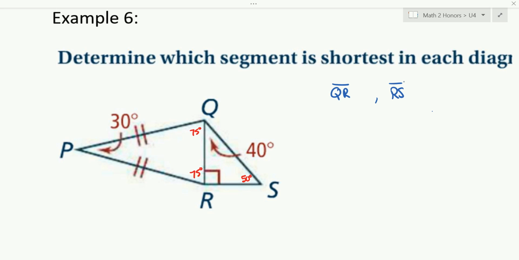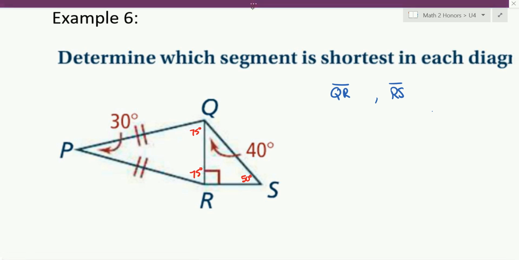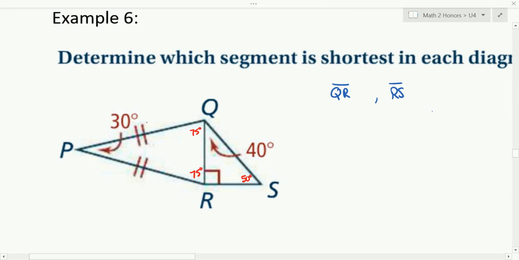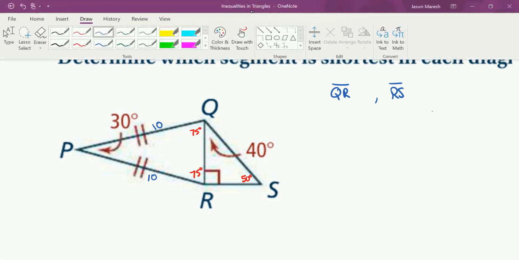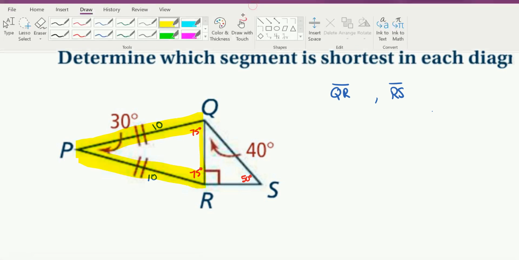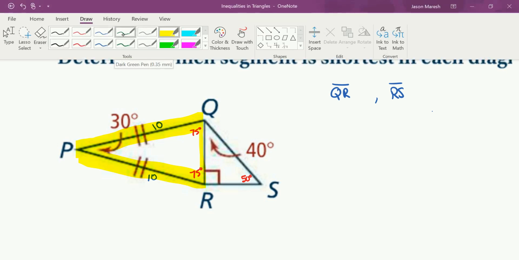Sometimes it can get a little confusing, and there are different ways to think through this. One way is to come up with some fictitious values. I'm going to make up some numbers here. Let's say this side length is 10, and let's just look at this triangle. In the triangle I highlighted, which side has to be the smallest side?